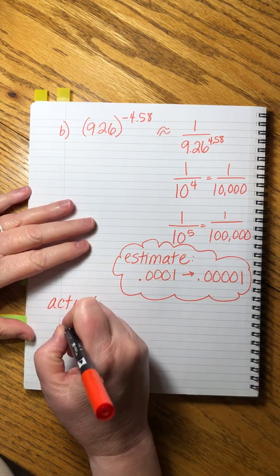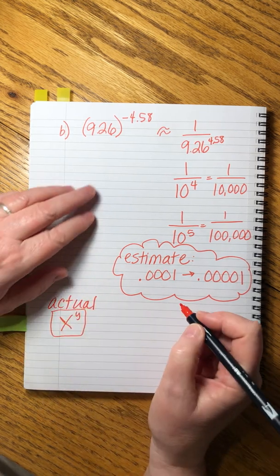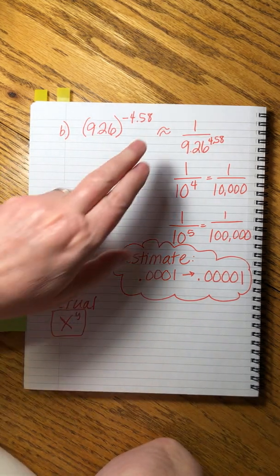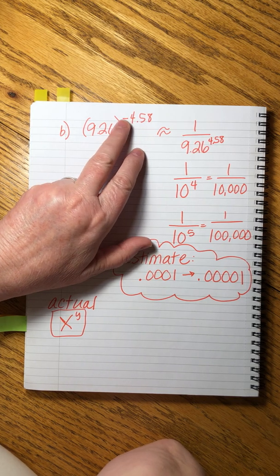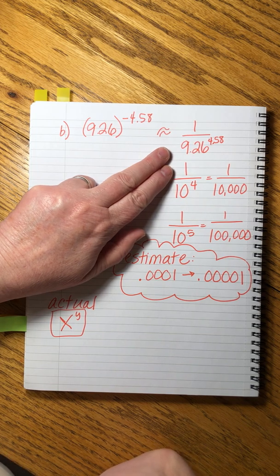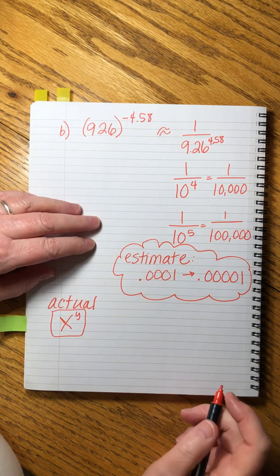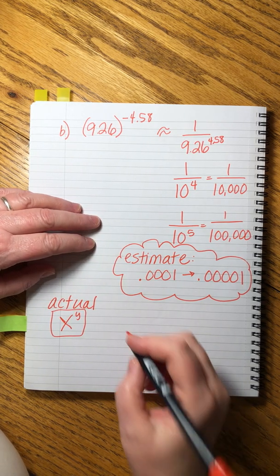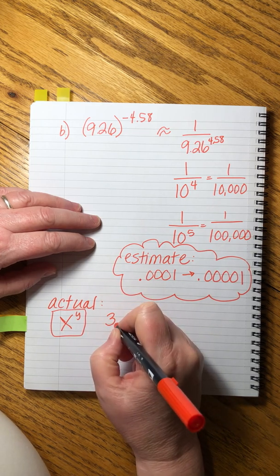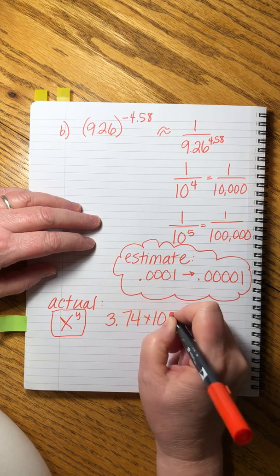So we will enter 9.26, then we'll hit this button, then we'll hit 4.58, then we'll make it a minus using that plus minus button, and then we'll hit equals, and the number that we get for our actual is 3.74 times 10 to the 5th.